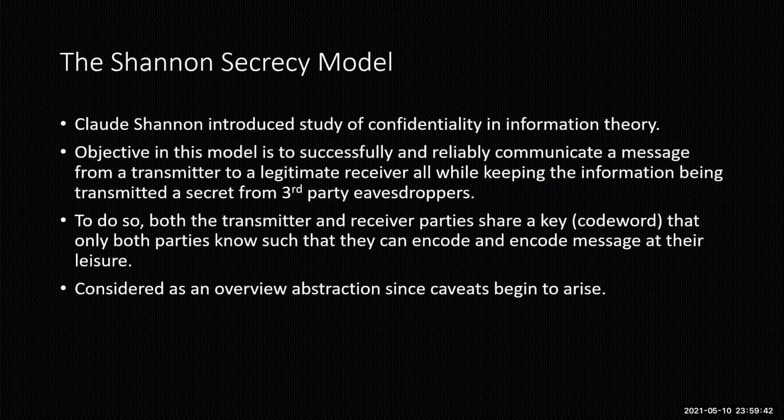Germany had explicitly exchanged information back and forth, transmitted and received amongst each other, and they did it with a key card or different words to symbolize or encode and decode. Thankfully, we were able to intercept those keywords, but if you think about an Enigma, that's generally what this idea of the Shannon secrecy model encompasses.